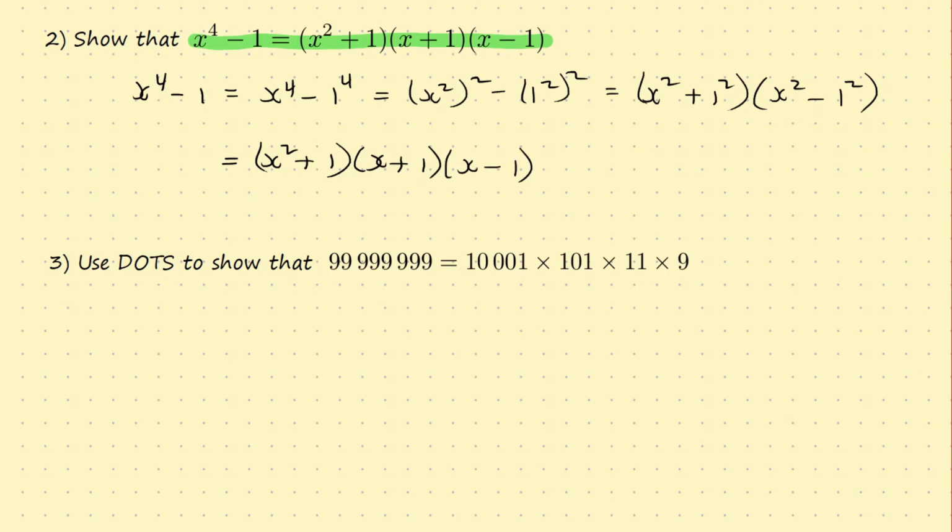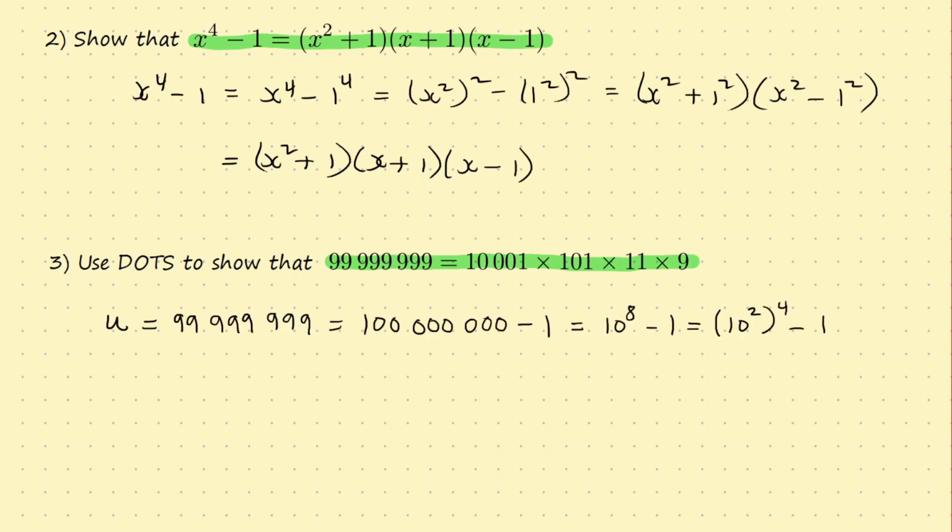Problem 3. Use difference of two squares to show that 99,999,999 equals 10,001 times 101 times 11 times 9. Now note that if we let u equal 99,999,999, then u equals 100 million minus 1, which equals 10 to the 8 minus 1, which equals (10 squared) to the power 4 minus 1.